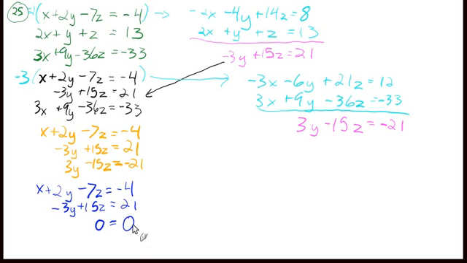Now let's think about those planes. Remember how we talked about there's an infinite number of solutions. That much should be clear, because if we find an x, y, and a z we can put in here, they're going to work automatically in this third one.